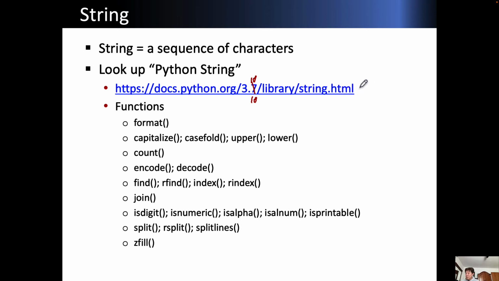If you look up this manual, you may be able to see the functions, methods, formats: capitalize, casefold, upper, lower, count, encode, decode, find. This is something that we want to do, right? Find, join, isdigit, isnumeric. This is also a very useful method.